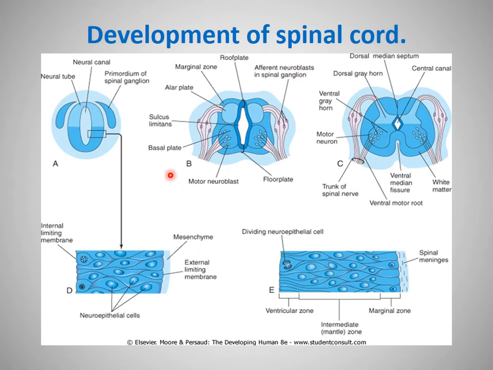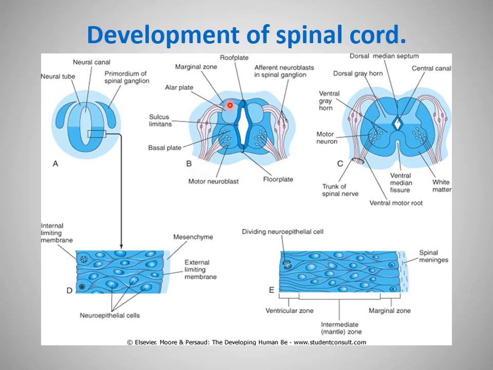So this is again showing you all the events in the development of the spinal cord. This is the neuroepithelium, and these are the neural crest cells which will give rise to the different structures. And this is the ventral horn or the motor horn of the spinal cord, which is formed from the basal plate, and it will give rise to the neuronal fibers which are the efferents.